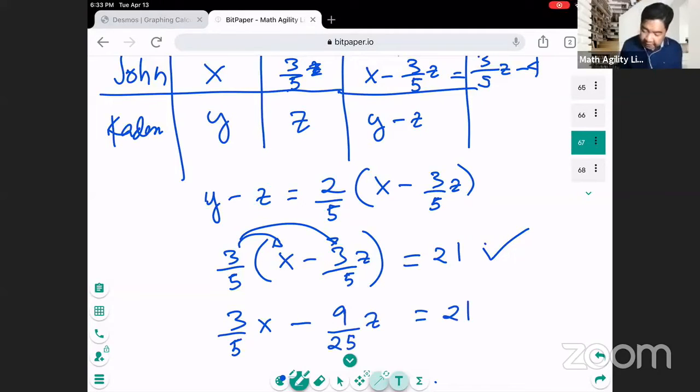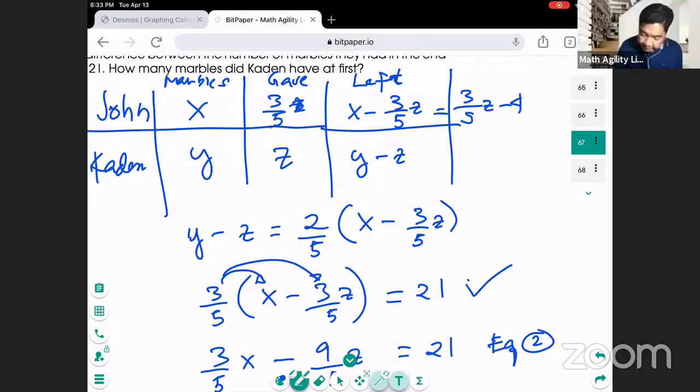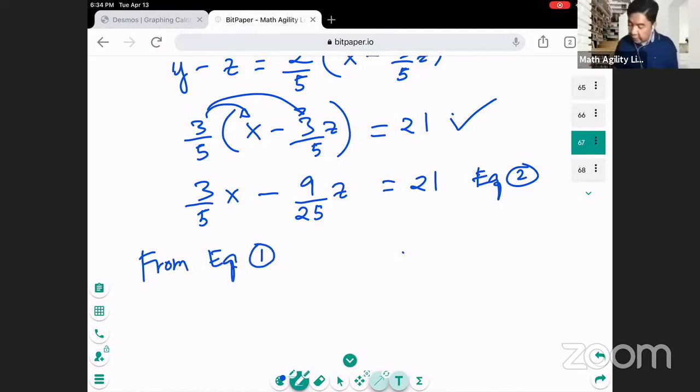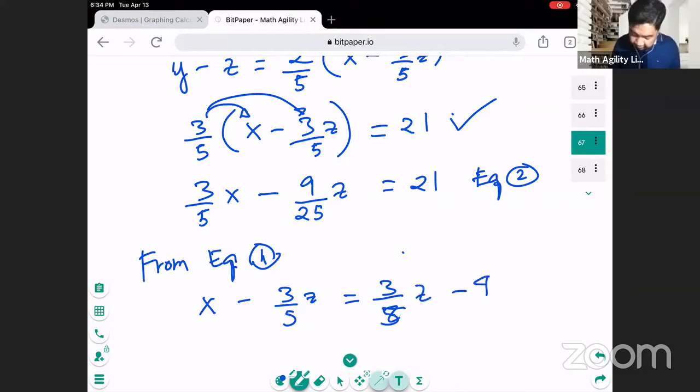Okay, so let's say this is equation 2, and the first equation we had is equation 1. So again, from equation 1, this would be x minus 3/5 of z, right, is equal to 3/5 of z minus 4.